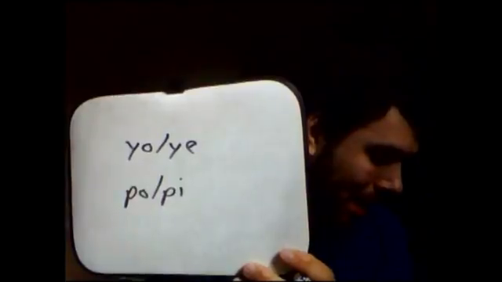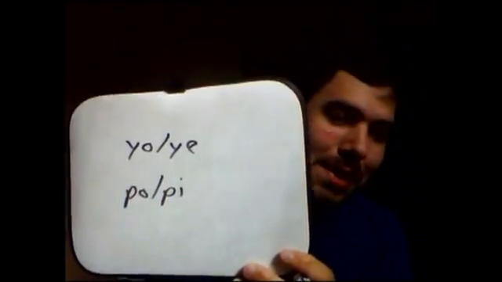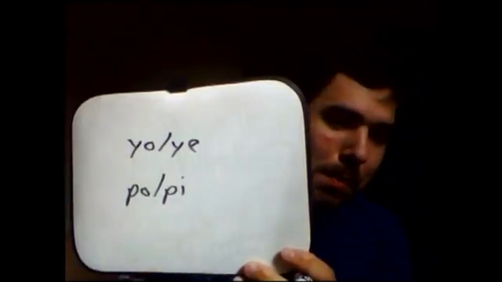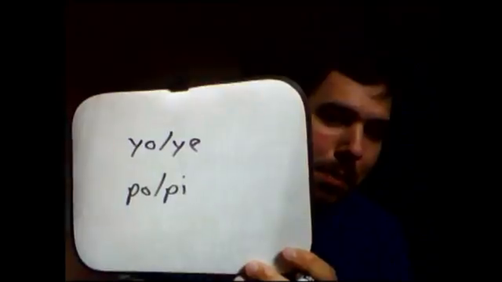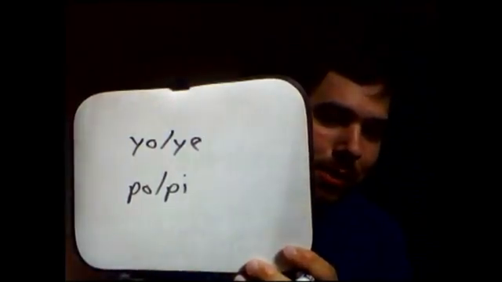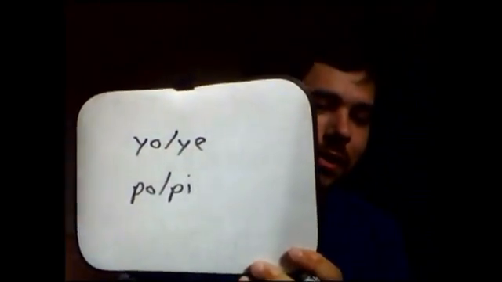And then basically you use the yo and yeah if it's other people, and you're using po and pi if you're including yourself in the group of people. You know, let's go, we're gonna go do this now. It's something of that nature.